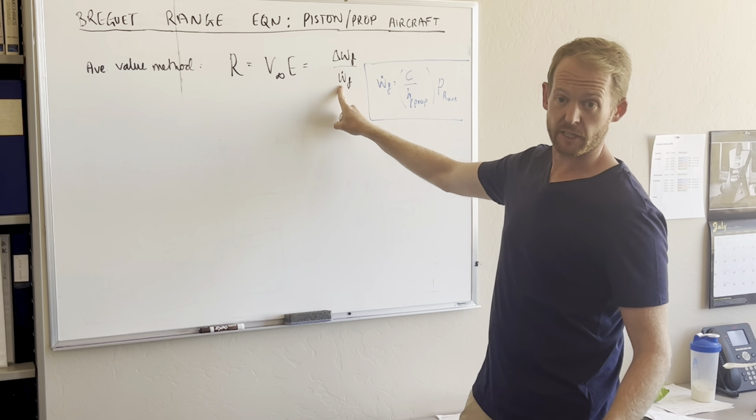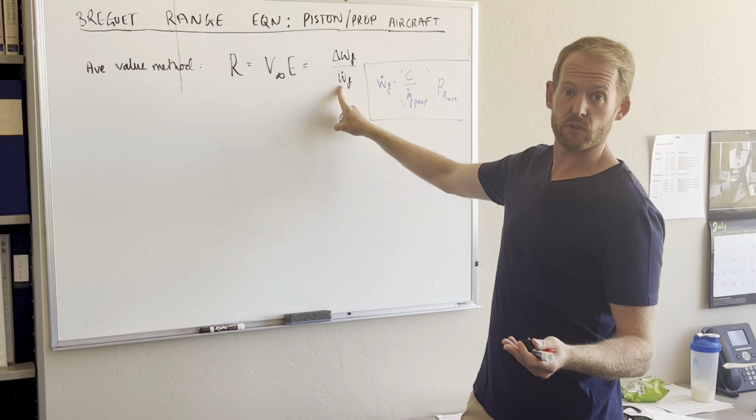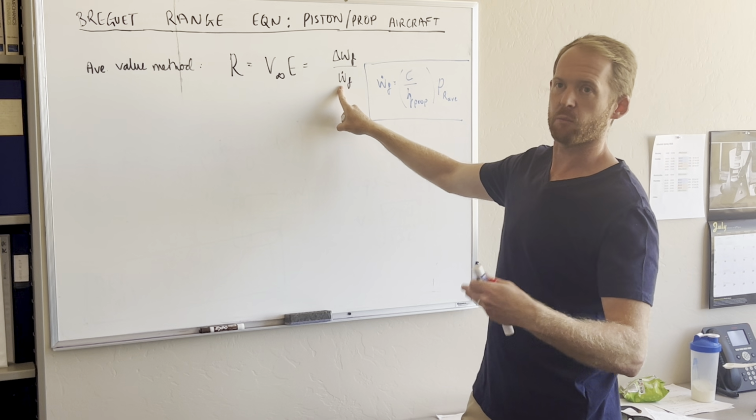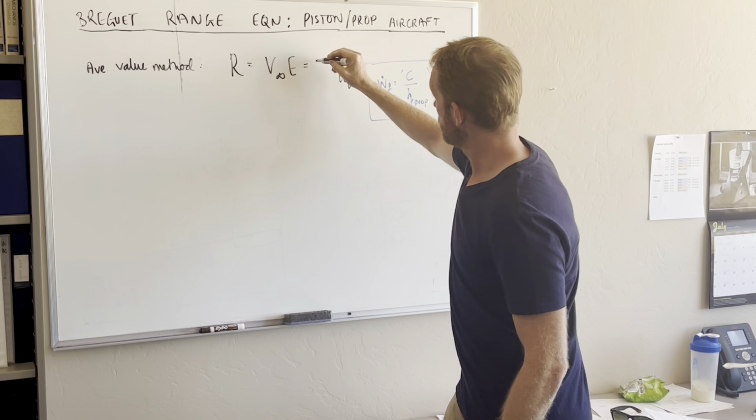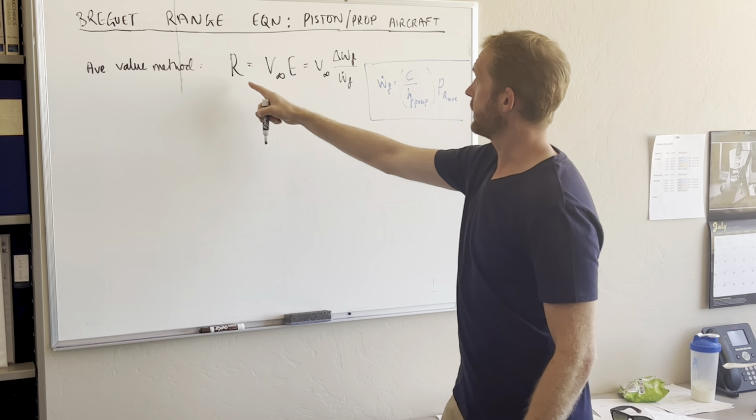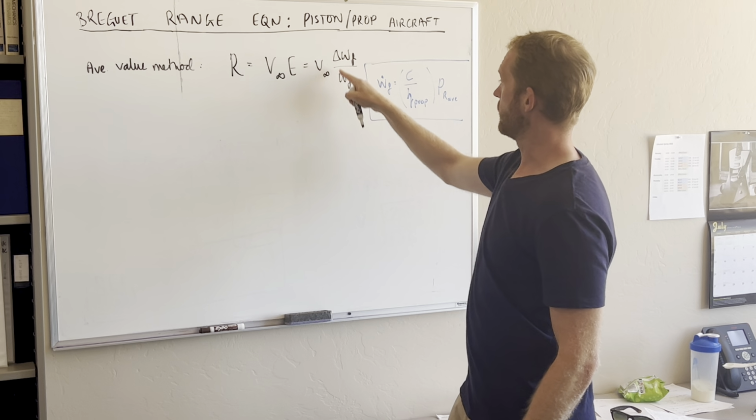This dot notation again is just shorthand for a derivative with respect to time. So this is how much fuel per unit time we're burning through. So our range equation just becomes our airspeed multiplied by this ratio.